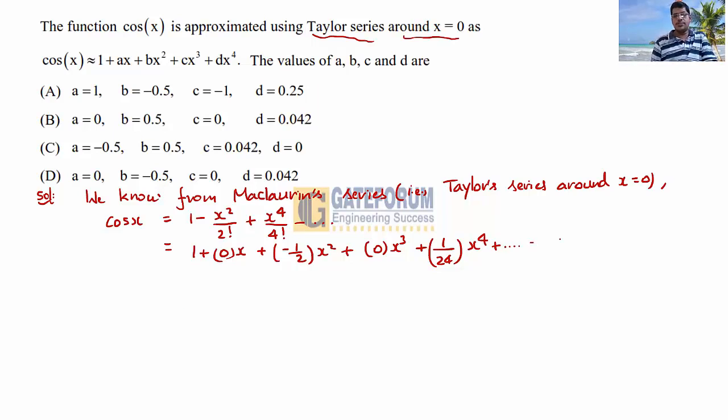So let us say this is equation 1, the series, and cos x approximated as given is 1 plus ax plus bx square plus cx cube plus dx power 4.